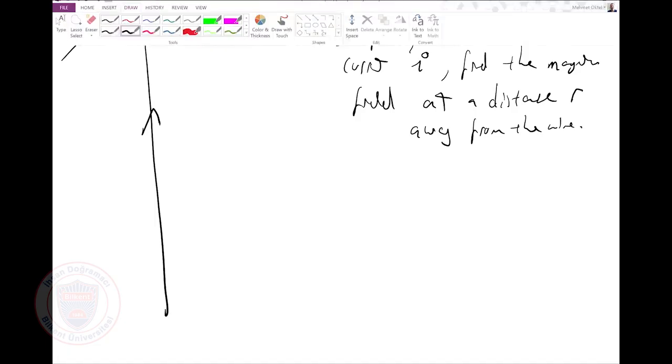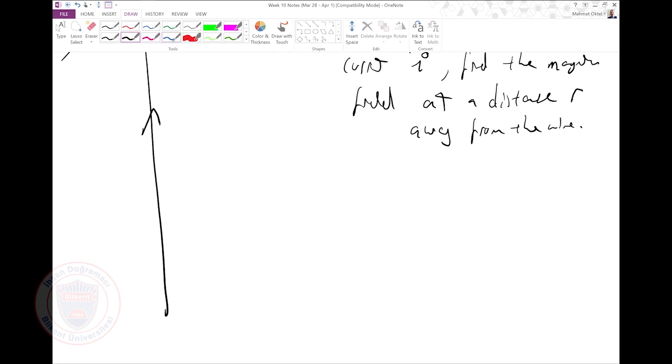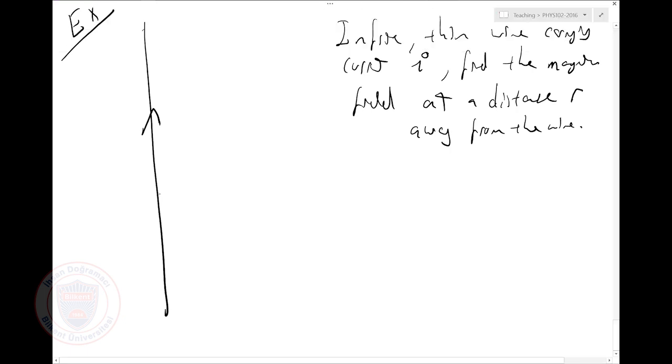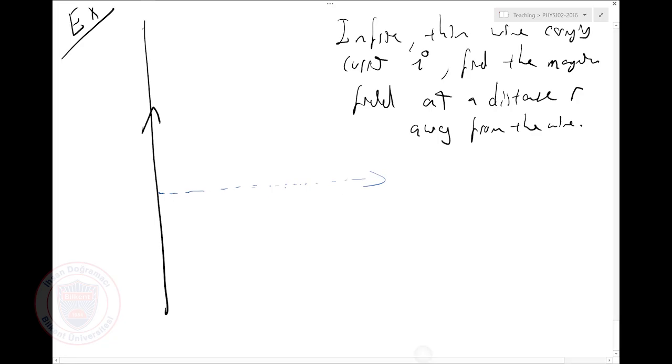So how do I do this now? Let me put some axes here. I'll call this the y-axis and this the x-axis. To be able to use a differential law, I need to break up my current into small differential parts. So that's what I'll do. I'll take a small section that's x away and has a thickness dx.